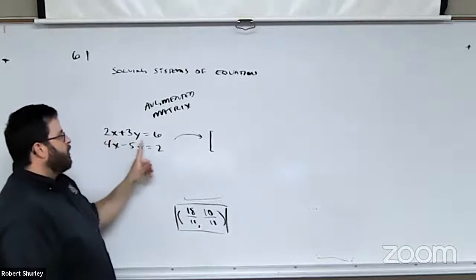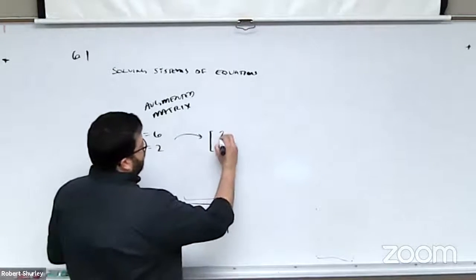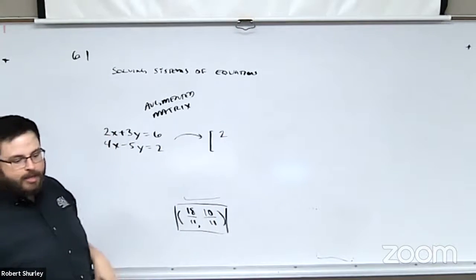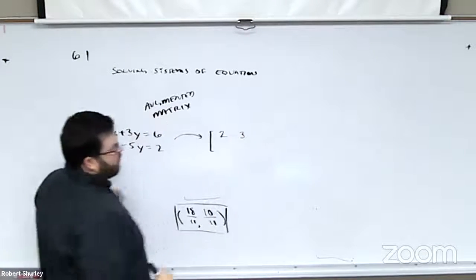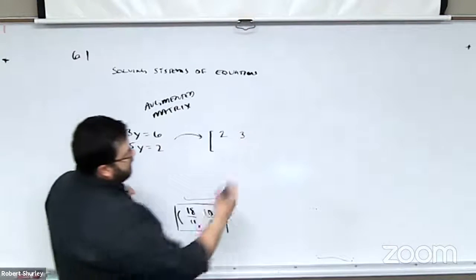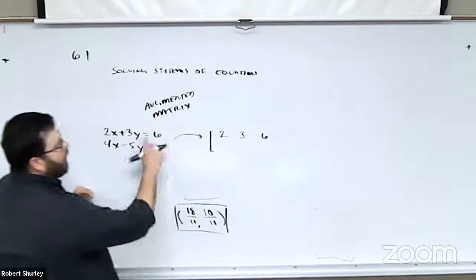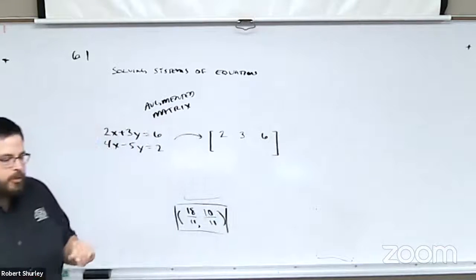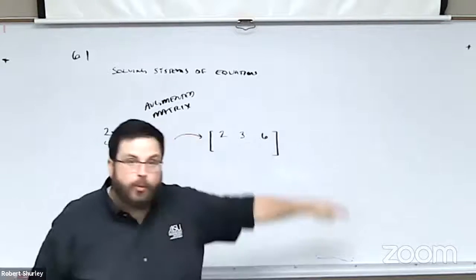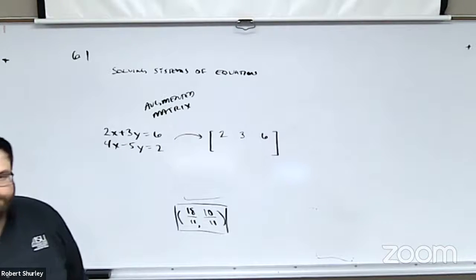So for this first equation, we would write 2, and it gets its own little spot in the matrix, 3, its own spot, and 6. We don't have any other numbers here, so we close off the matrix, and we have created the first row of our matrix.